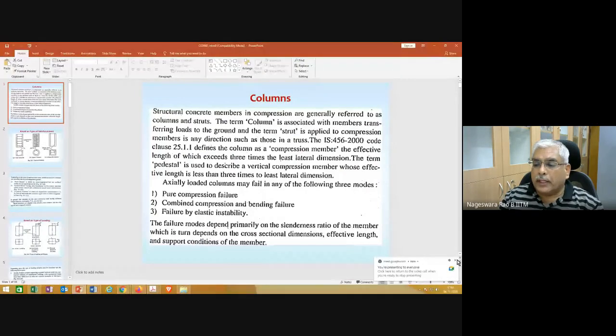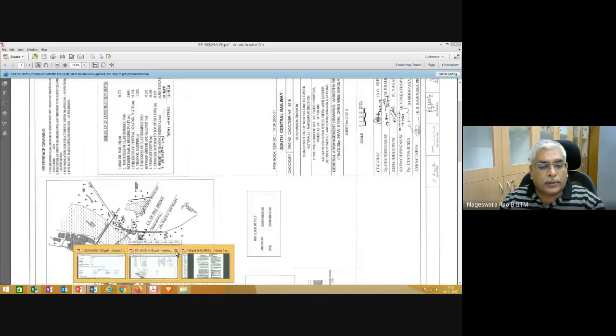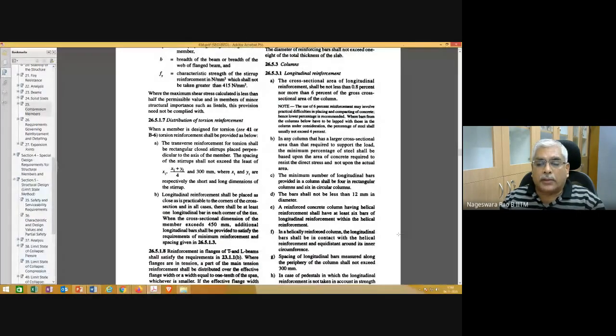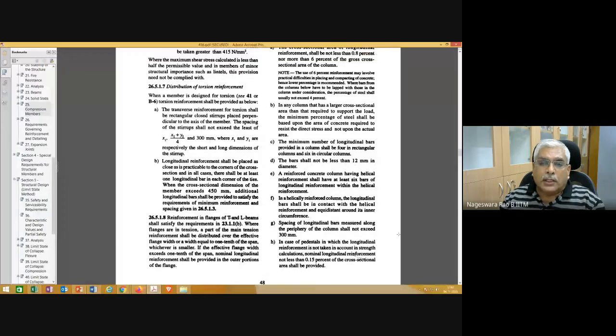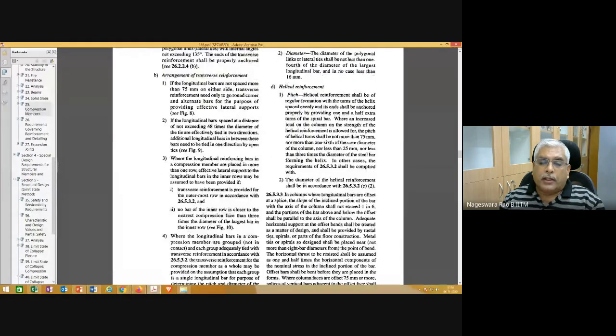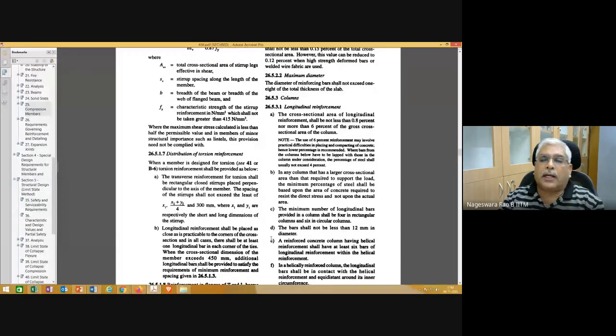So the next topic is columns. Okay, before we proceed with the details of this, I just want to show you some information related to this columns. If you see IS 456, page 48-49, they are giving specifications for the reinforcement related to columns, longitudinal reinforcement as well as transverse reinforcement.